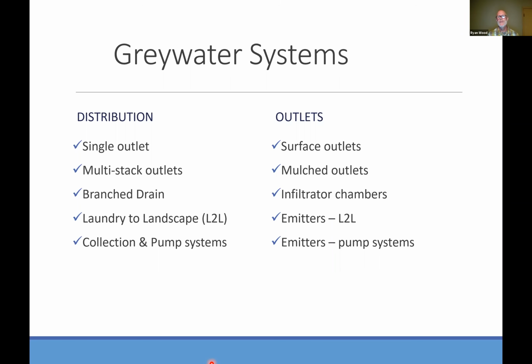I'd like to take those words emitters and just keep them as outlets, because I don't want you to be confused with a drip emitter, especially on our laundry landscape system, and basically anything that's not a filtered system, which is our collection distribution systems.